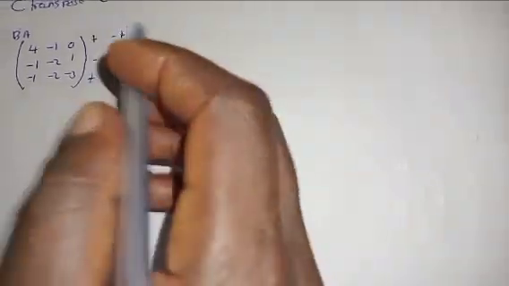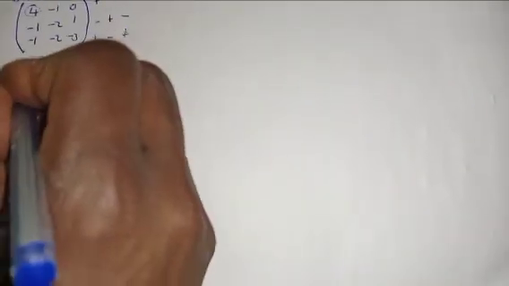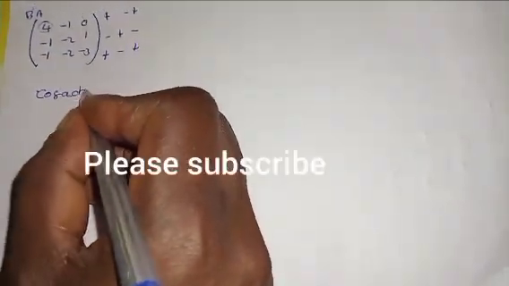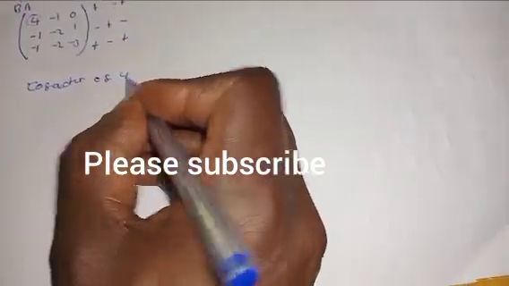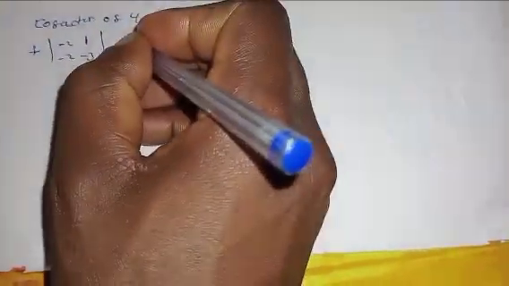So first, we start by finding the cofactor of 4. How do you find the cofactor of 4? You use this sign plus, you close this and this, you remain with -2, 1, -2, -3.